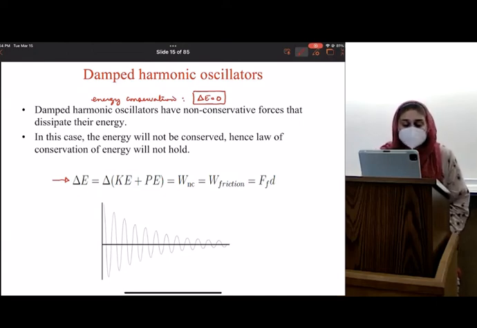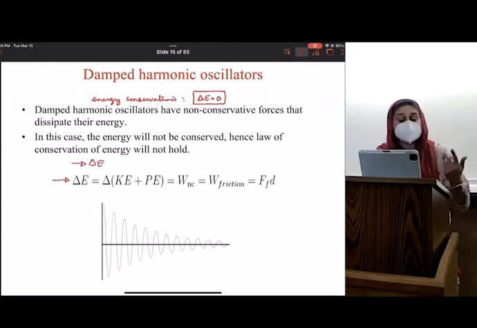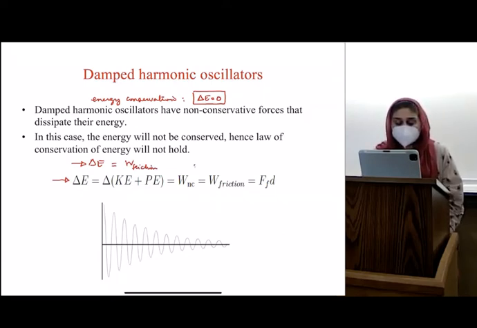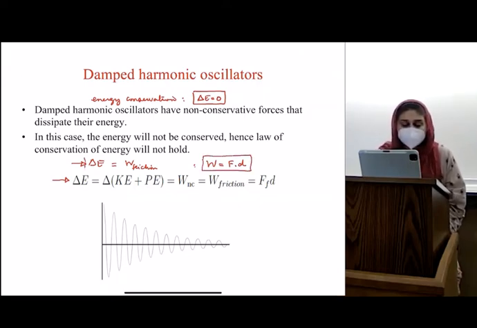So that means that delta E, in case where friction is present, will be given by work done against overcoming friction. And we define the work done as force times displacement. How much force happened and how much distance did that force travel?